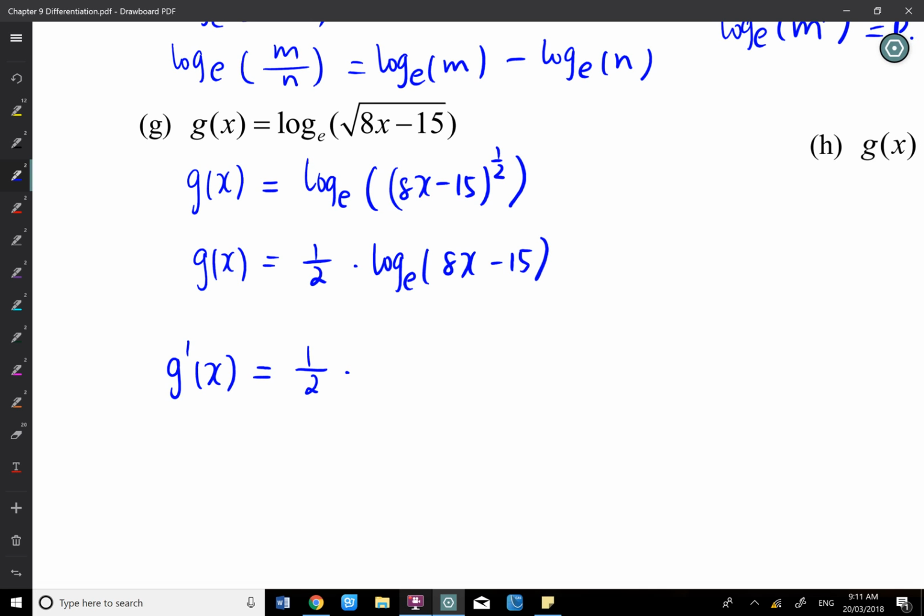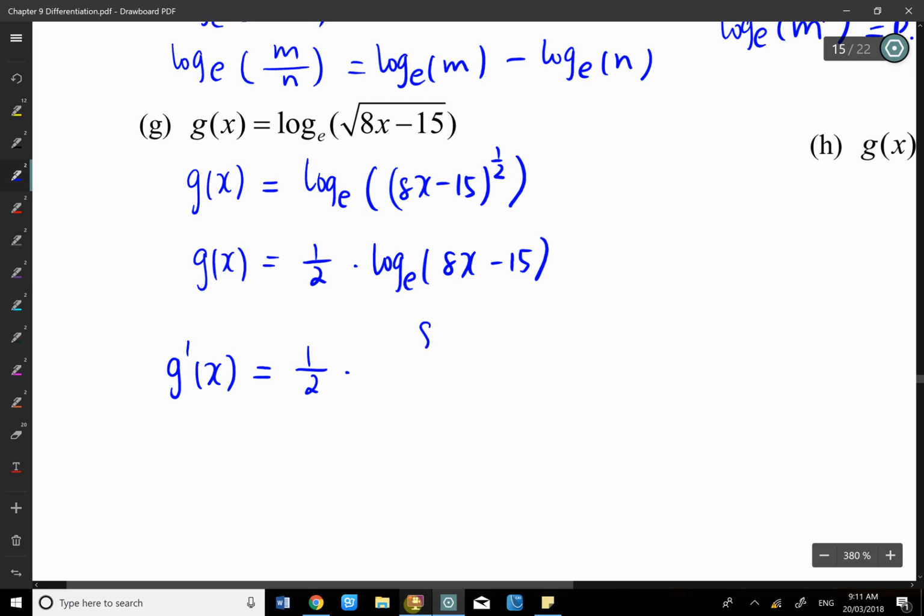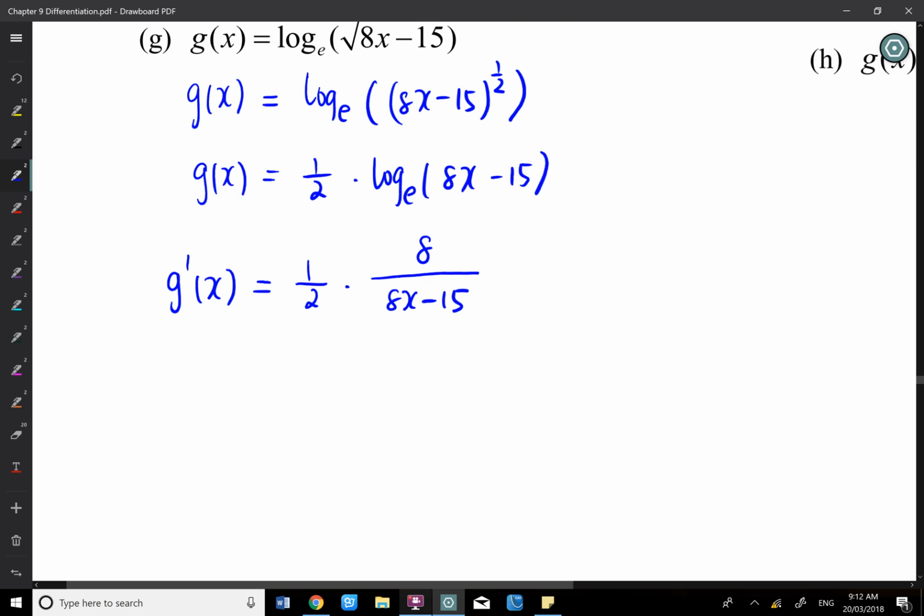What's the derivative of log e g(x)? It's g dash x over g(x), so over itself. That gives me 4 over 8x minus 15.